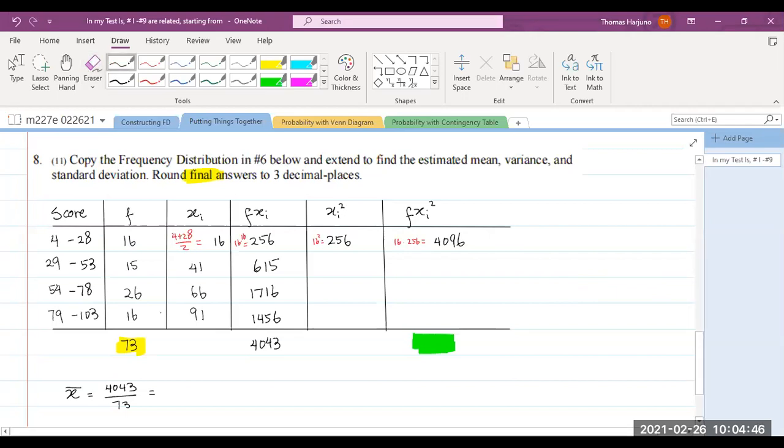Okay, now 4,043 divided by 73 gives me 55.38356. That's the average.